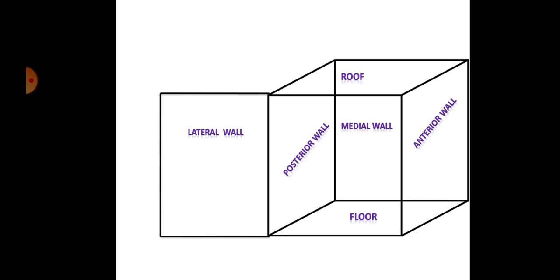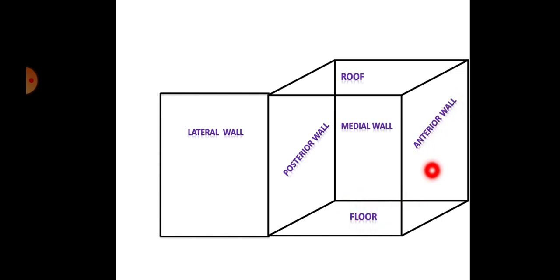I want to clarify this picture. This is a box-like structure, and just the lateral wall is opened. So when the lateral wall is opened, then opposite to it is the medial wall. Then this is the roof, this is the floor, this is the anterior wall, and this is the posterior wall. One thing you should remember: the roof is directed towards the brain, and the floor is directed towards the neck region.